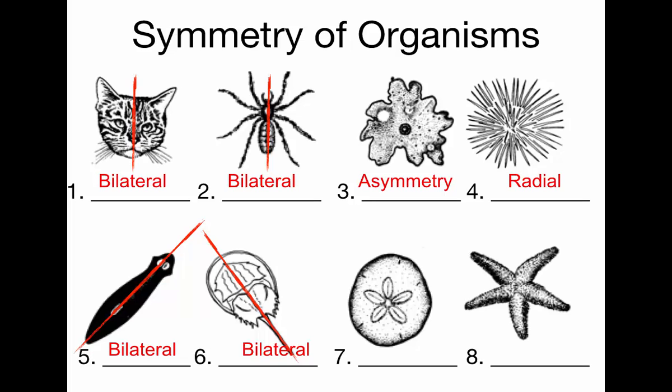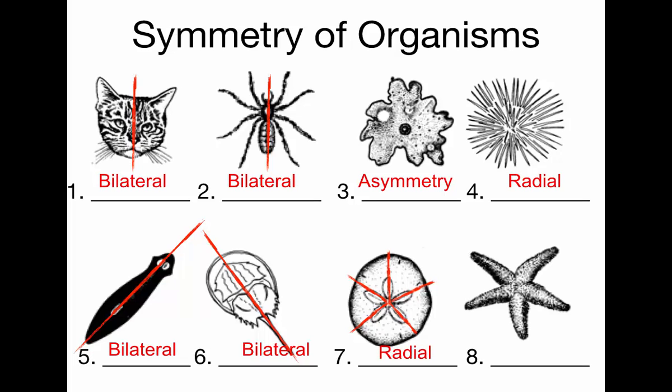Do you know what this is? Sand dollar. What type of symmetry does a sand dollar have? Yeah, that's radial symmetry. It's like spokes coming out. We could draw a line in several ways, splitting it into equal sides. And the starfish?